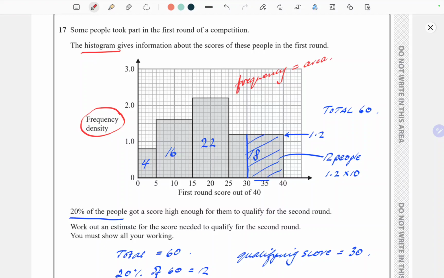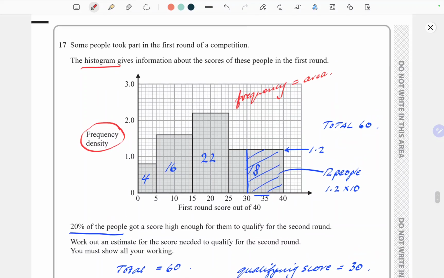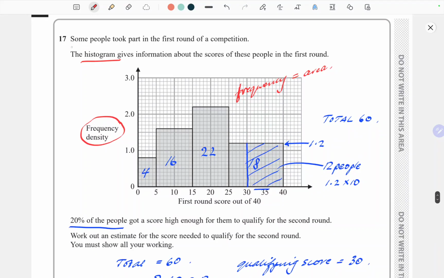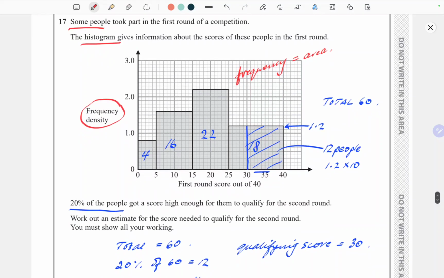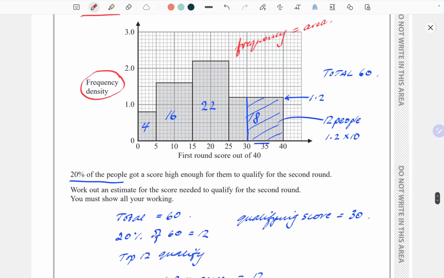So if we actually do work out the area, they don't tell us how many people there were altogether. Look, it says some people, all right? So we need to work out the total number of people first, because they say 20% of the people got a score high enough for them to qualify. 20% of what? We don't know. So we need to work out what the total number of people was first.